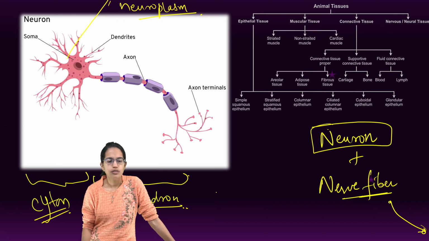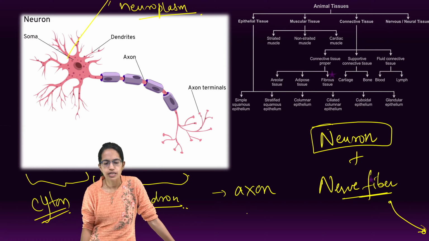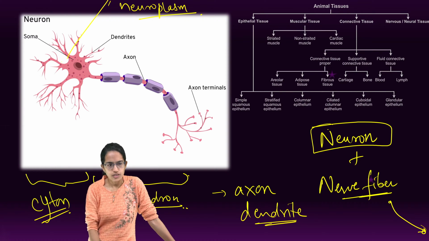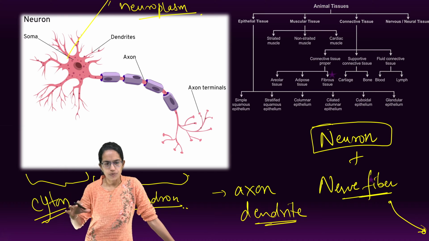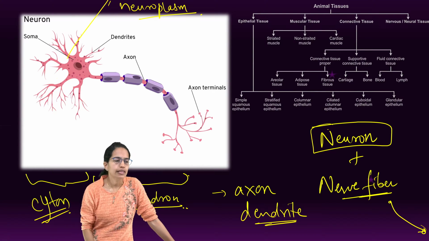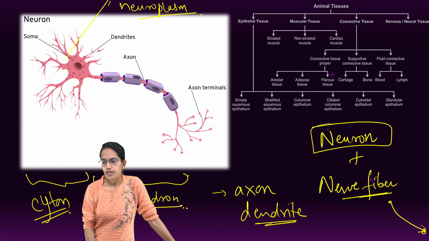Under the dendron, we have the axon as well as dendrites. Now the axon is a single long running chain. The ends are divided into terminal arborations, which are known as axon terminals, and then there are dendrites as well, and these dendrites are present on the cyton.